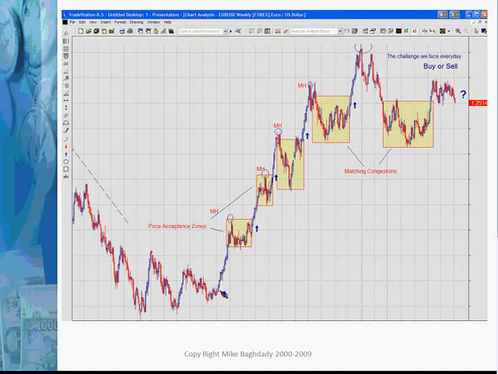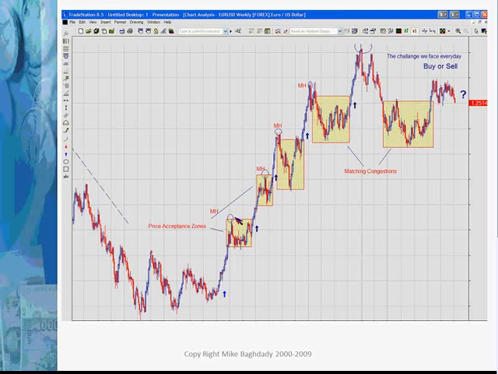So if you look at this, right there, that is your momentum. That is our first indication. Once I see this, I know I'm getting into a trending mode, and now I only need to be a buyer.